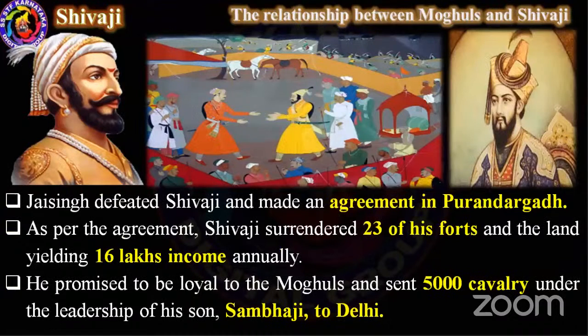He promised to be loyal to the Mughals and sent 5,000 cavalry under the leadership of his son Sambhaji to Delhi.